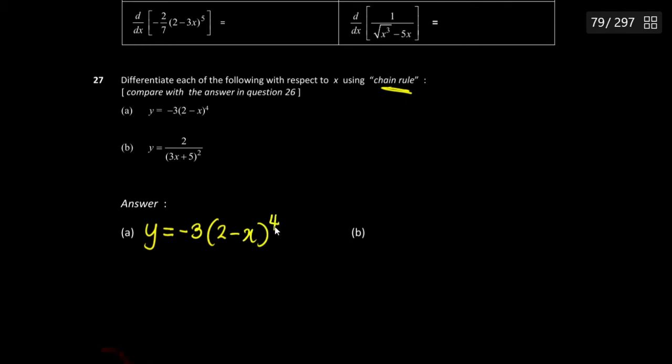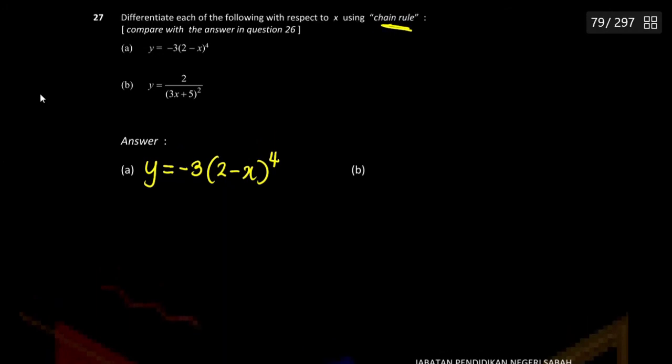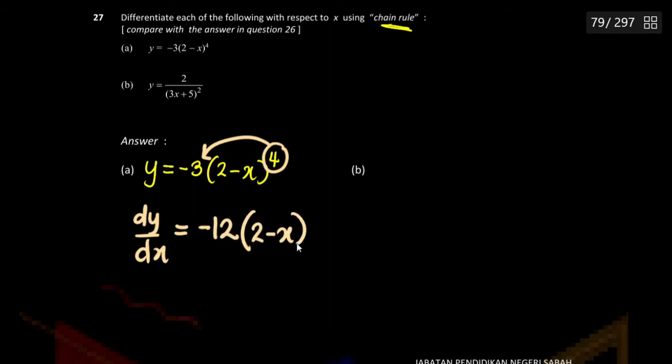Okay, I'm going to show the shortcut of the chain rule. Teacher is not going to do the long one, the normal formula one. The shortcut is very easy. Take the power times the number in front. So your dy/dx now will become -12. Copy the entire bracket.